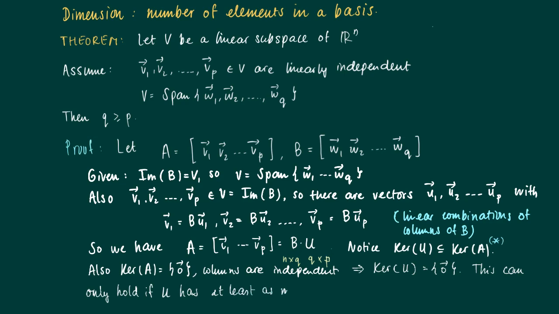So this can only hold if U has at least as many rows as it has columns, which means that q should at least be equal to p. And this is the end of the proof.